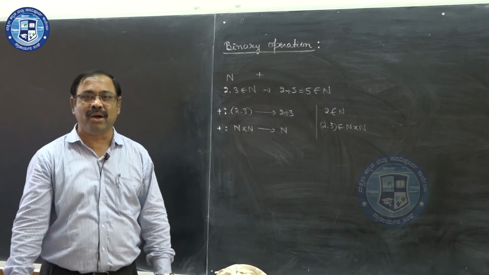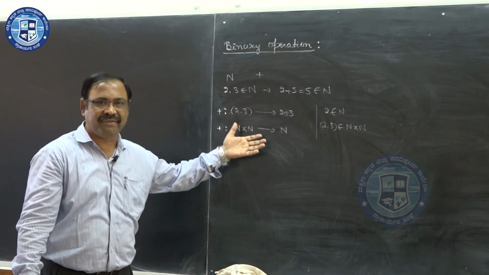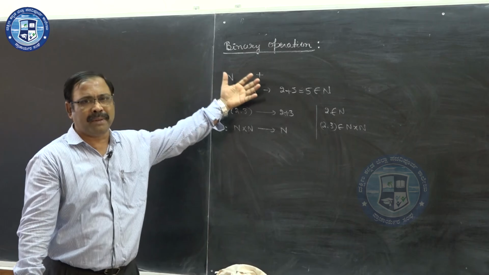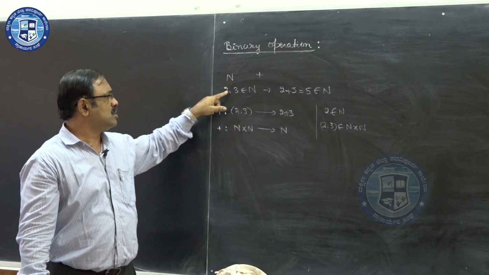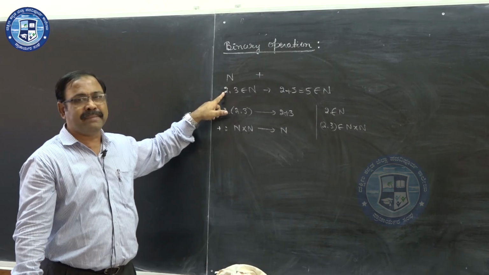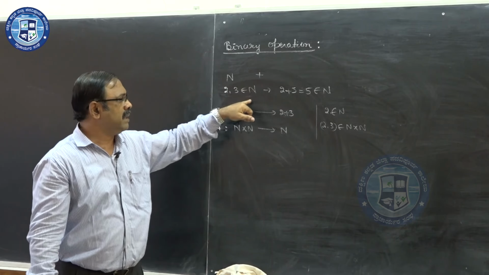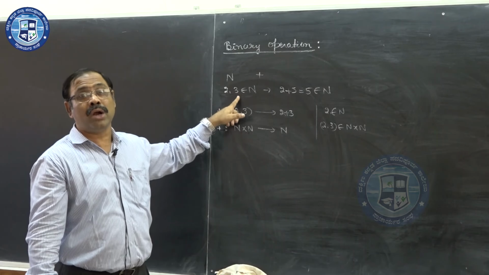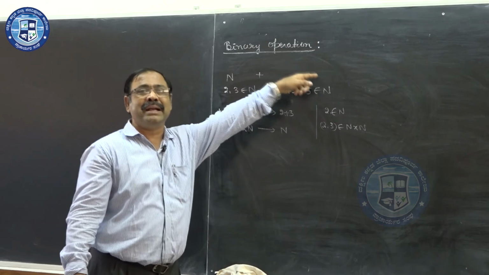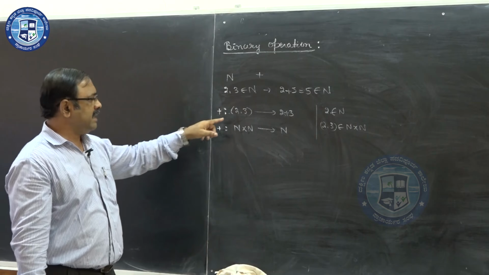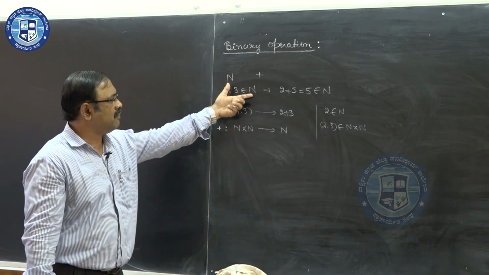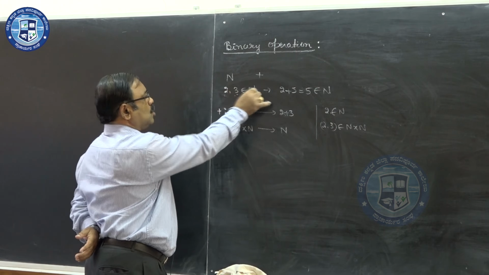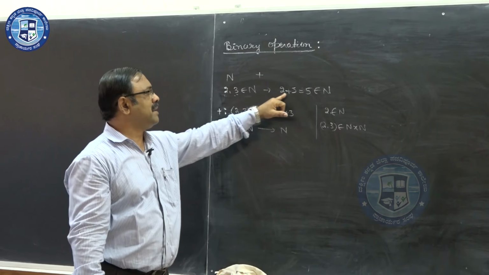So what do you mean by binary operation in general? I will be giving a definition for that. So binary operation is nothing but the most general binary operation, that is we are associating, say we are considering these elements in the form of an arbitrary set A. Then the operation is associated among these ordered pairs of A to an element of A. So if I just take an example where N is the natural number set, you take two elements 2, 3 belongs to N. Then what is 2 plus 3?